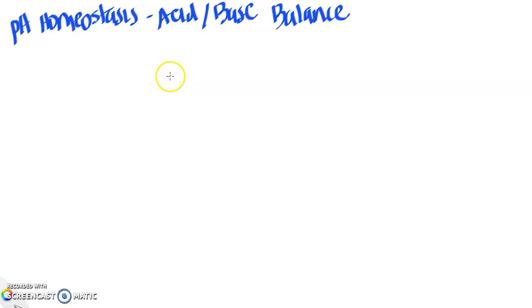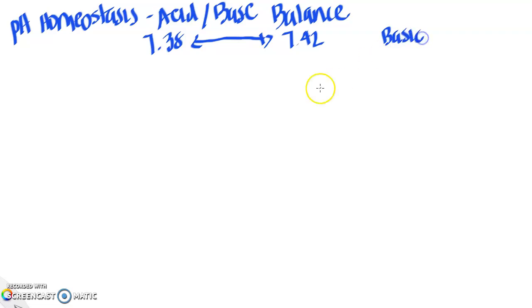The average pH of the blood is about 7.4, and it ranges from about 7.38 to about 7.42. On this end, it's more basic, and on this end, it's more acidic.